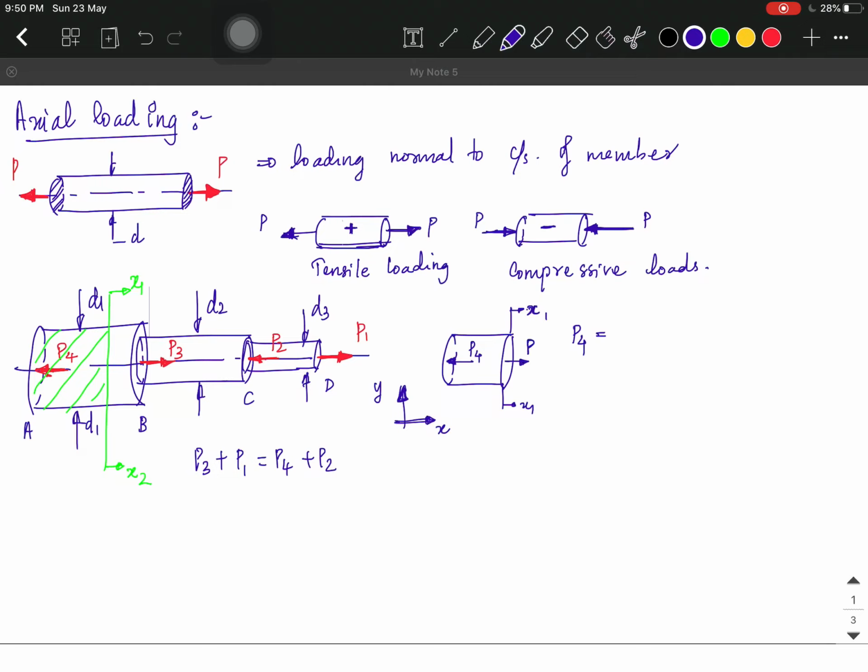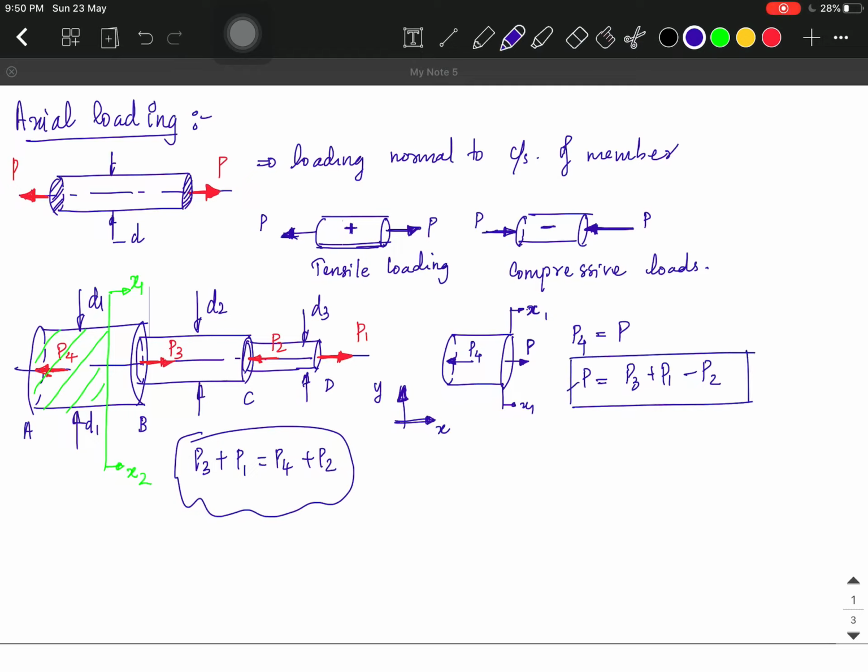Let's suppose this is P, and we can determine P is equal to P3 plus P1 minus P2. So P4 is the force acting in the left section of this member. In this way we can determine the loading acting on a member which has variable loading conditions.